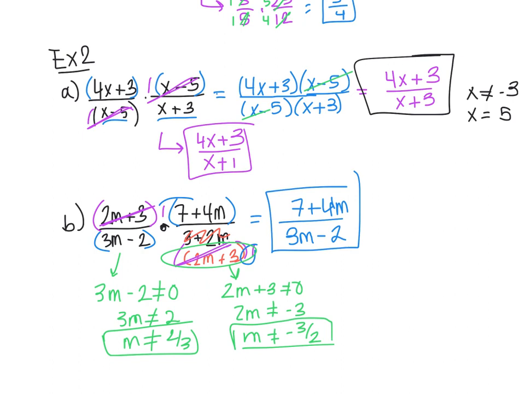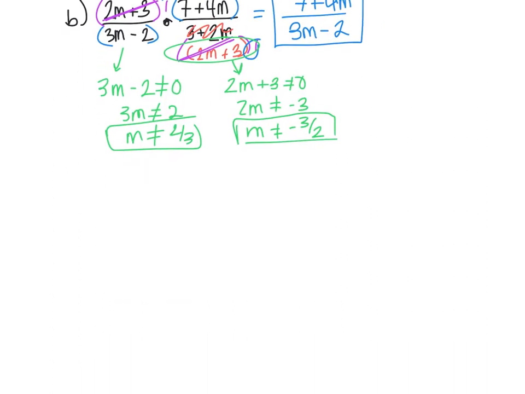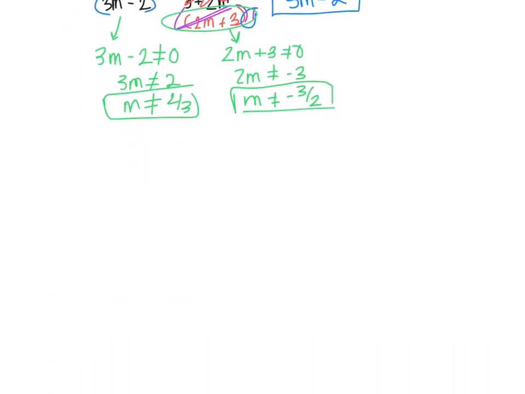Okay, let's move on and practice this with some division problems. All right, so in our third example here, let's do C. Problem C, we've got x plus 2 divided by 9x minus 1, divided by 2x plus 1 over 9x minus 1.